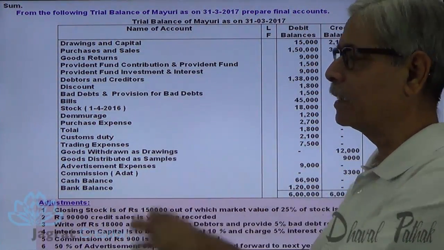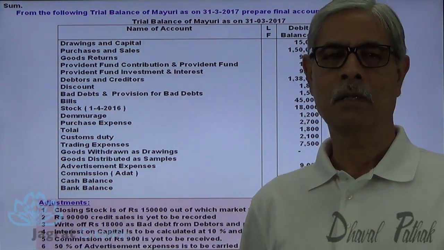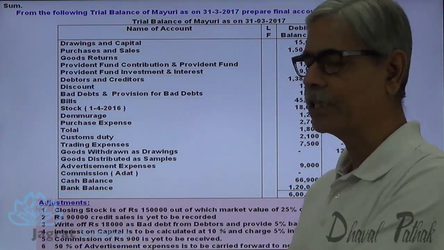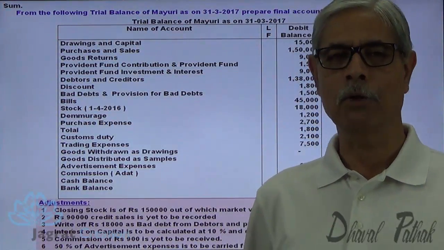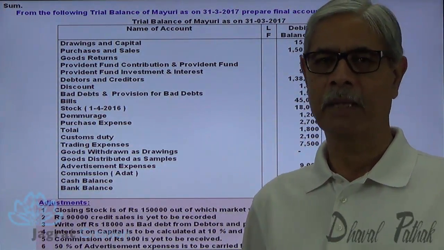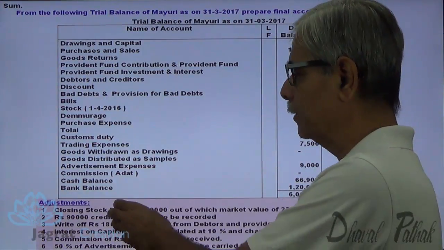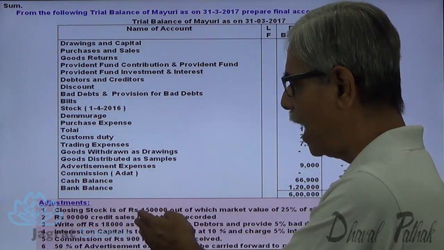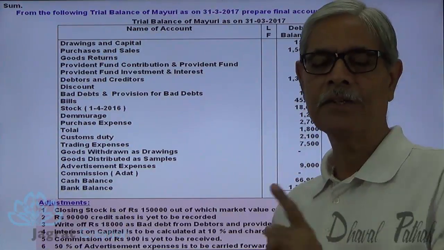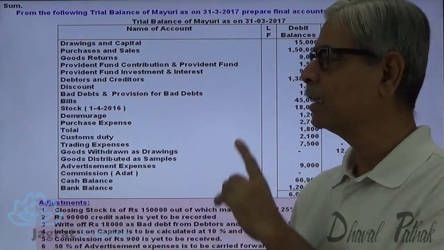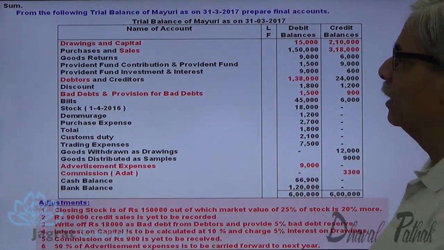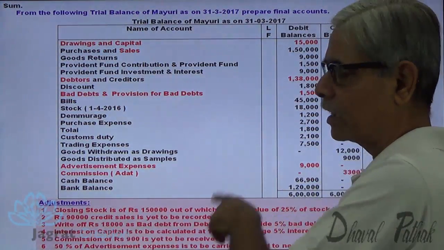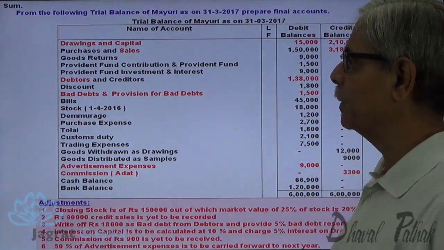Now on the basis of this trial balance and the adjustments, I want to prepare final accounts, means I want to prepare trading account, profit and loss account and balance sheet. First of all, these are the adjustment items relevant in the trial balance; the items relevant to adjustments will be marked. See, drawings and capital, interest on drawings and interest on capital relevant adjustment.